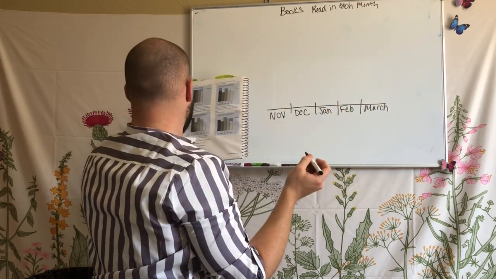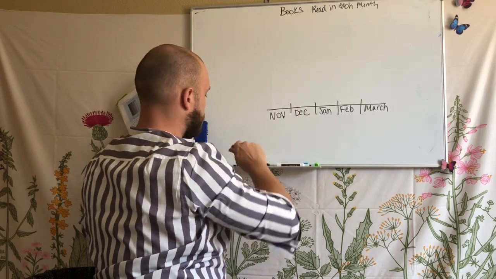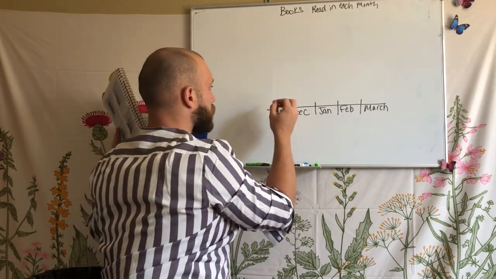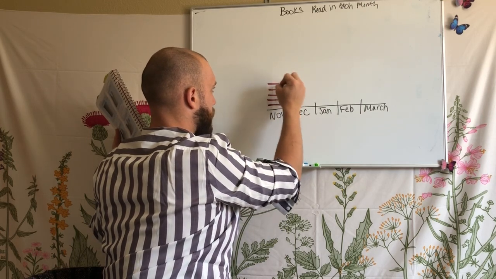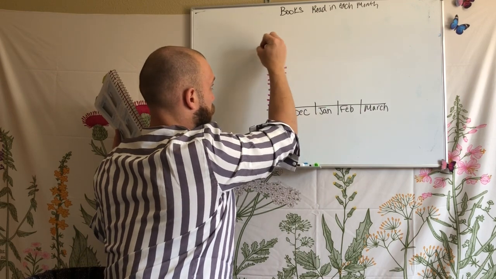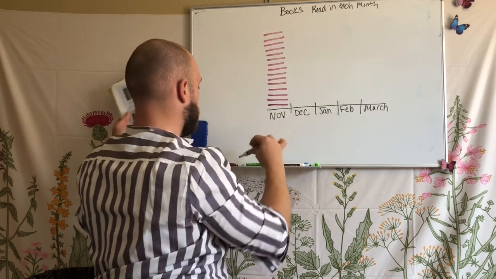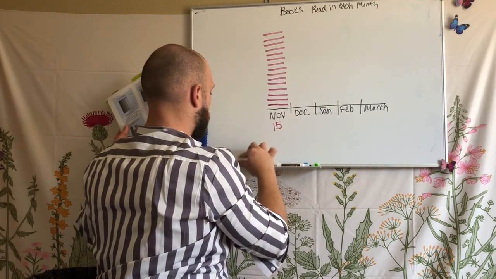So here I have 15. I'll color coordinate. I'm going to just do lines 1, 2, 3, 4, 5, 6, 7, 8, 9, 10, 11, 12, 13, 14, 15. December. All right, 15 down below so we know.